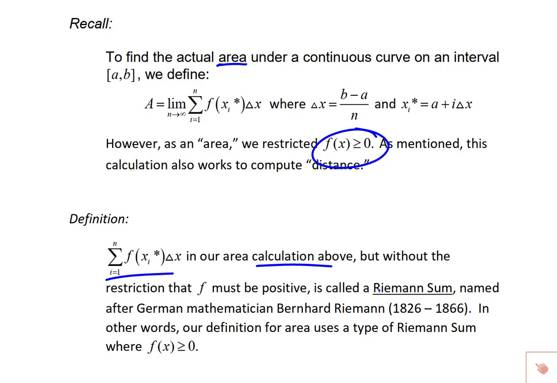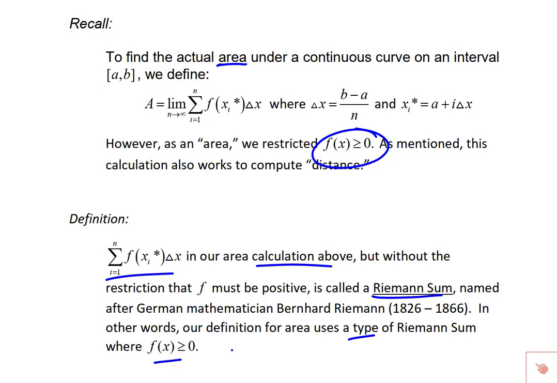then this sum is called a Riemann sum, named after German mathematician Bernhard Riemann. In other words, our definition for area uses a type of Riemann sum where the function is stuck being greater than or equal to 0.